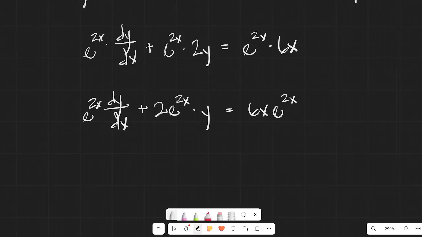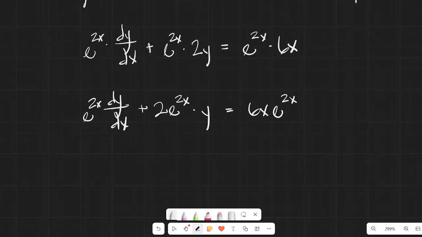The left-hand side of this equation collapses via the product rule, because we have one function times the derivative of the other, plus the function we took the derivative of, that's y, times the derivative of this first function.